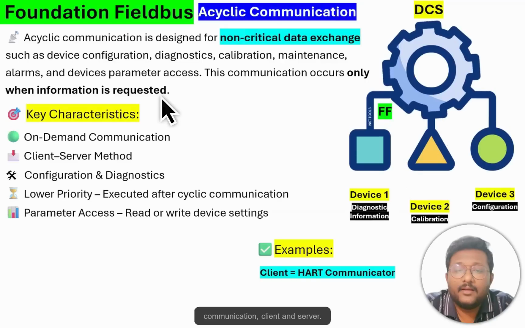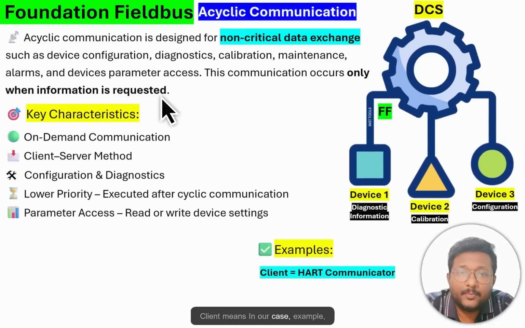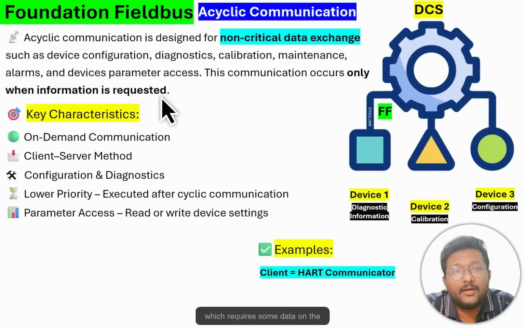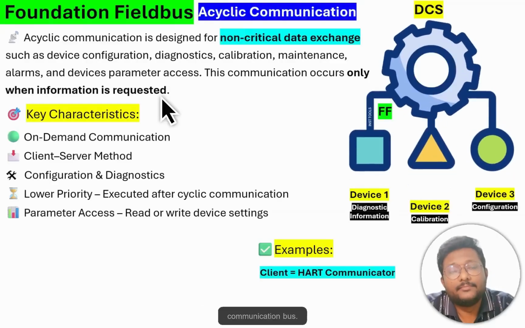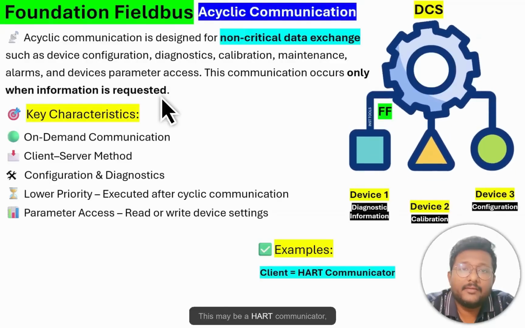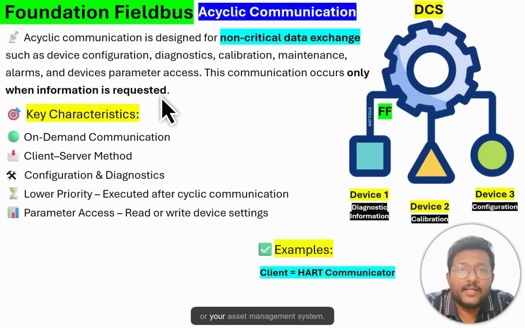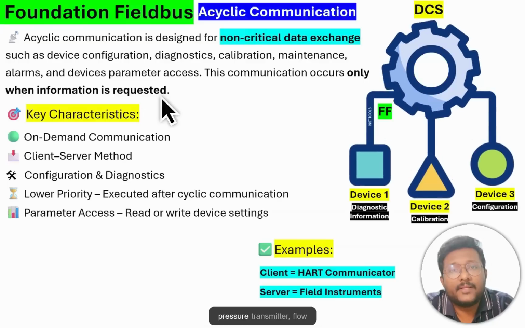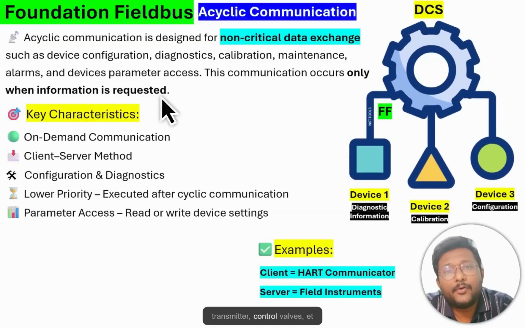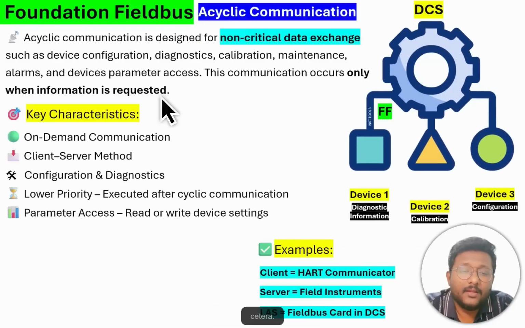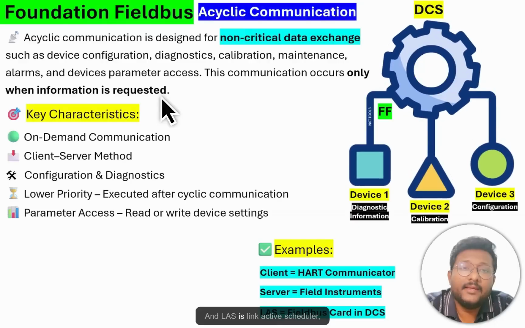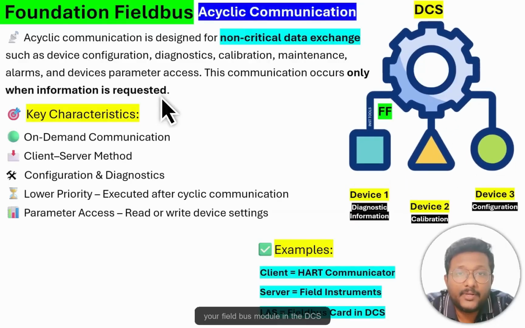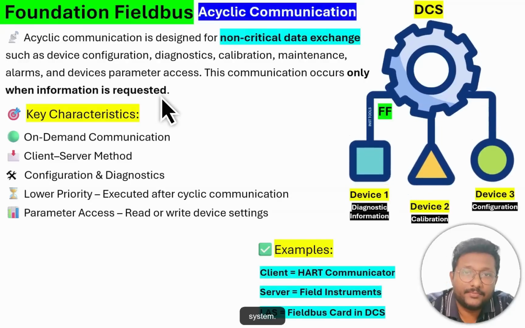Client and server. Client means, in our case, for example, the HART communicator or any instrument which requires some data on the communication bus. This may be a HART communicator, your DCS system or your asset management system, and server is field instruments, pressure transmitter, flow transmitter, control valves, etc. And LAS, Link Active Scheduler, is your Fieldbus card, your Fieldbus module in the DCS system.